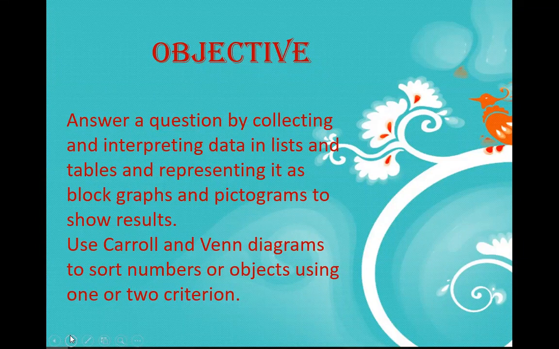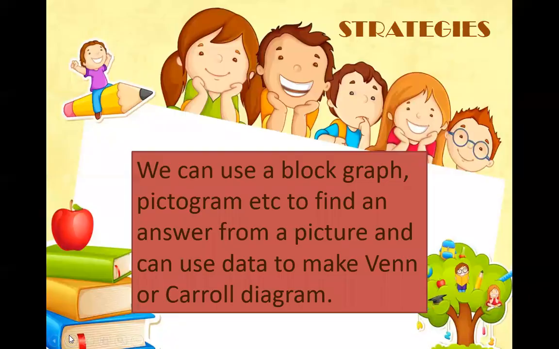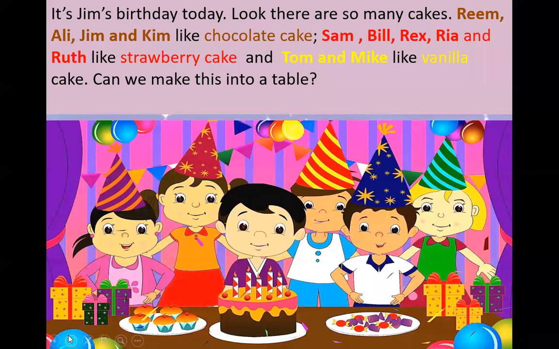Use Carroll and Venn diagrams to sort numbers or objects using one or two criteria. Strategies: we can use a block graph, pictogram, etc. to find an answer from a picture and can use data to make Venn or Carroll diagrams.